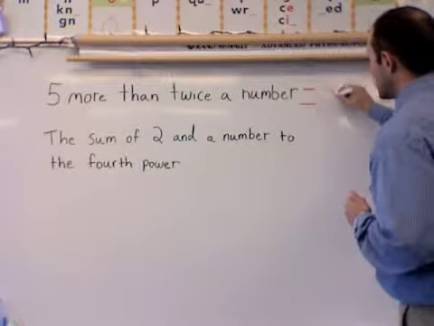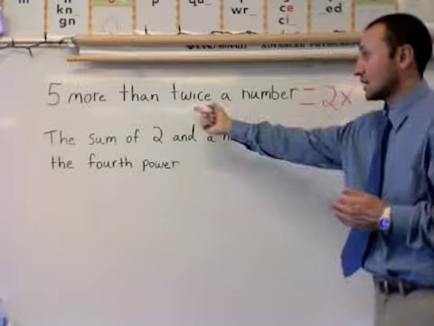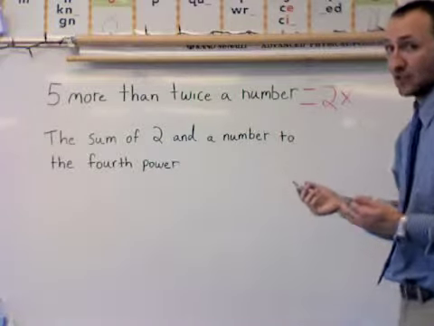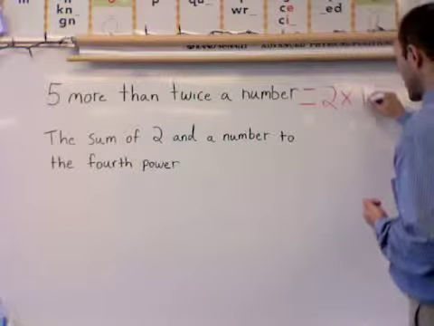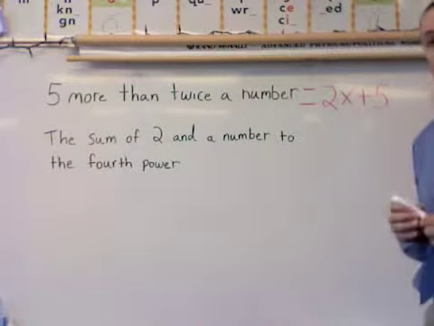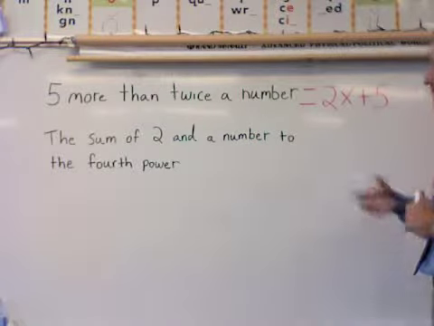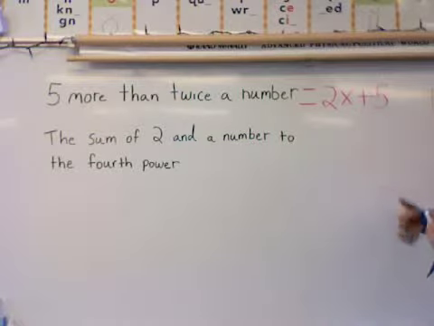Well, it's going to be 2 times my variable x because it only says a number. It doesn't actually give me that number. And since it's 5 more, I want to add 5 to it. So to write this expression, it ends up being 2x, or 2 times x, plus 5.